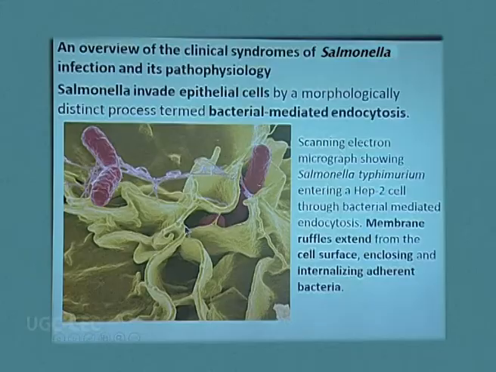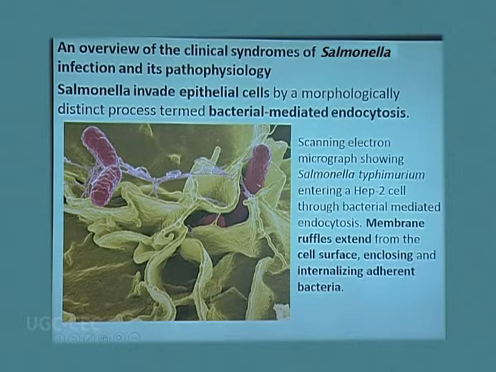Now, when Salmonella adheres to the intestinal epithelial cells, it will get internalized into the epithelial cells to cause the infection. This is done by a typical process called bacterial-mediated endocytosis. This is a scanning electron micrograph of this process. You can see that this is the bacteria which has adhered to the cell surface.